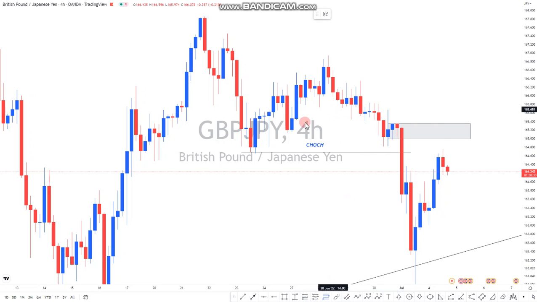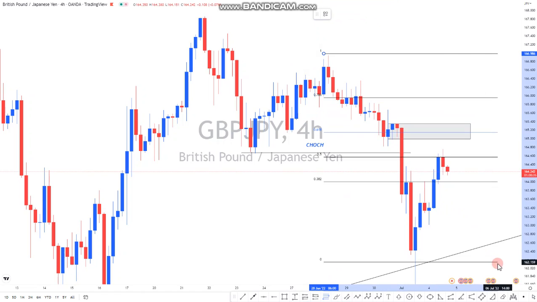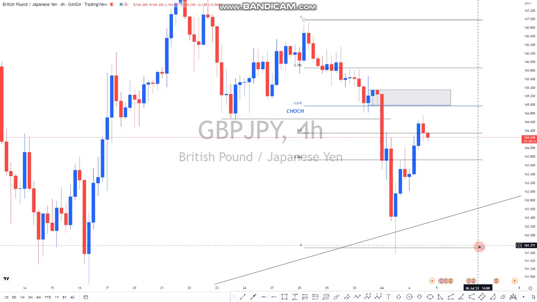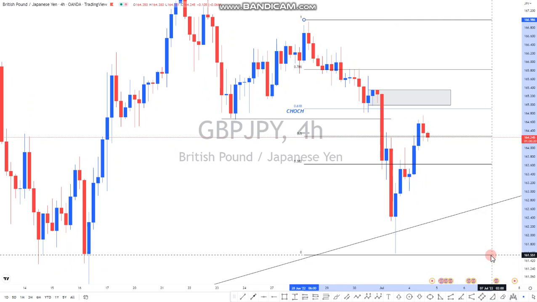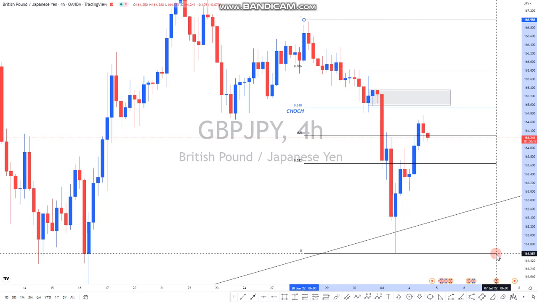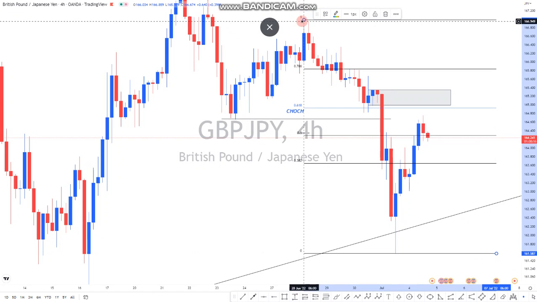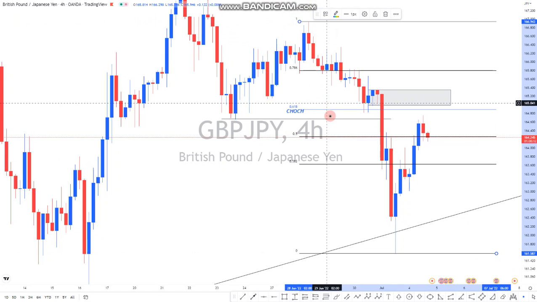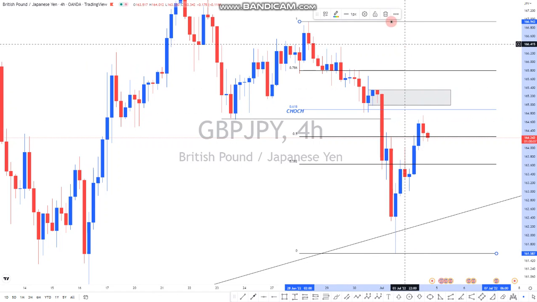So just making sure, nitaweka this kind of Fibonacci. I'll just take my Fibonacci and see if the order block is spotted around the 0.61. As you can see, it's almost around these areas. Kama unaweza kuona order block iko around those areas, so actually we are perfect on spotting that order block.